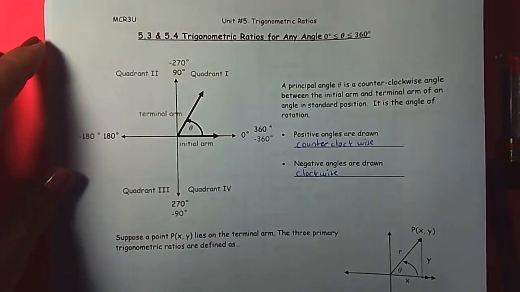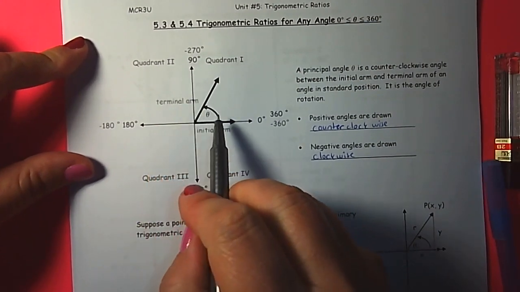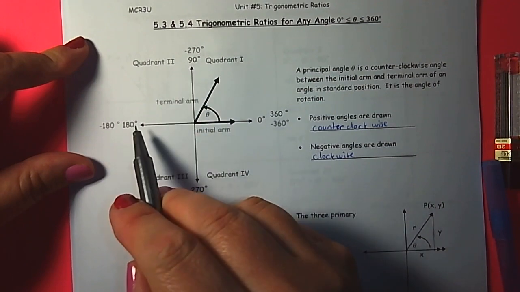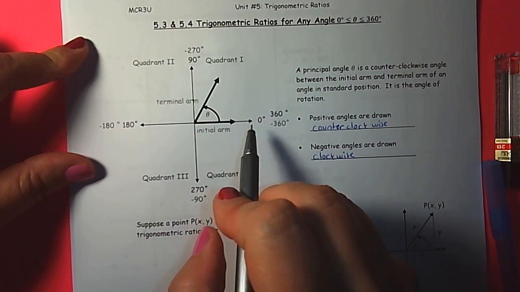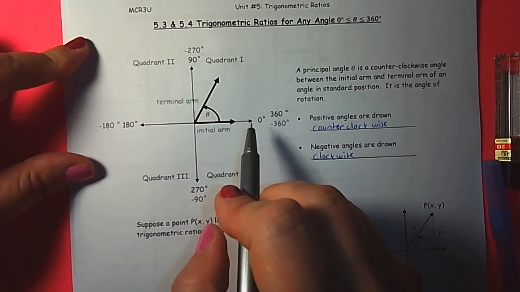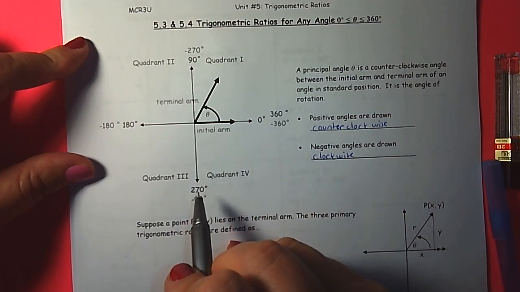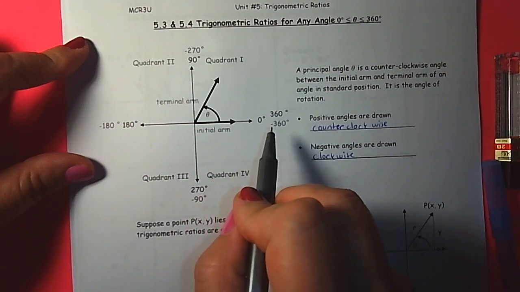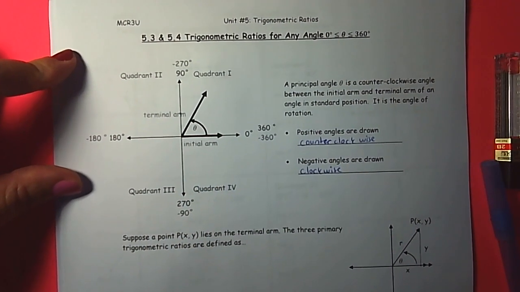And that is summarized here in this diagram. So we see 0 degree, 90, 180, 270, and 360. Similarly, going in the negative direction, 0, negative 90, negative 180, negative 270, and negative 360.